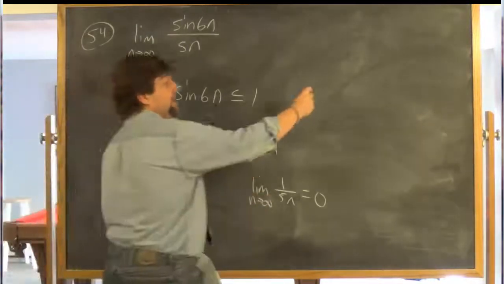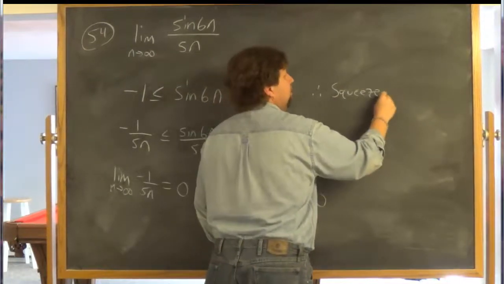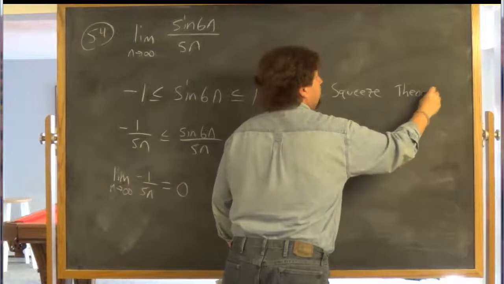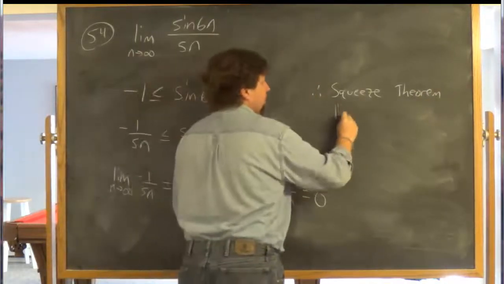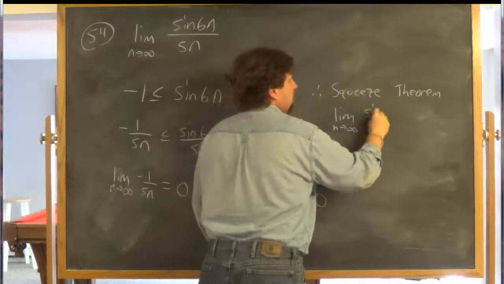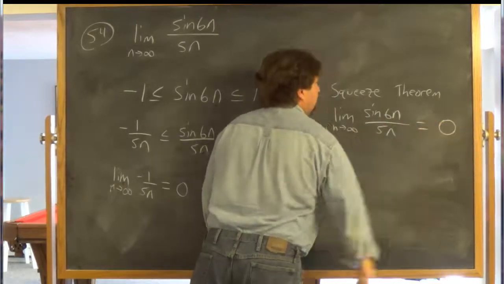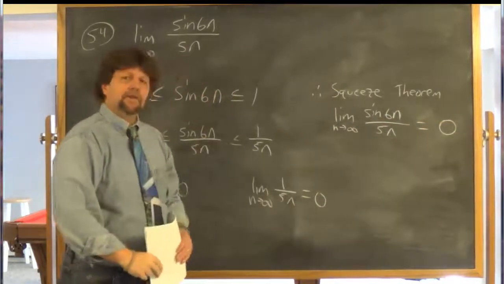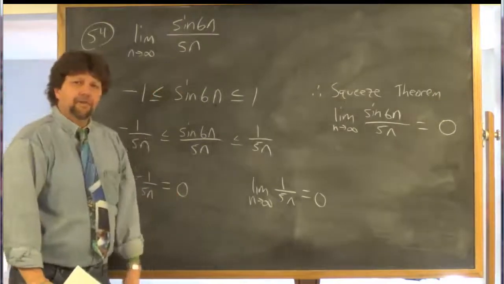The only thing that we can conclude, thanks to the squeeze theorem, is what's trapped between these two must also have the same limit. So we conclude that that limit is also 0. And that's it for number 54.